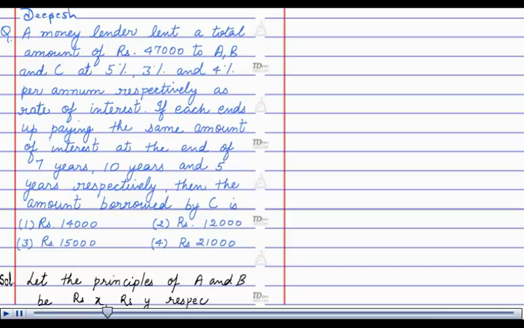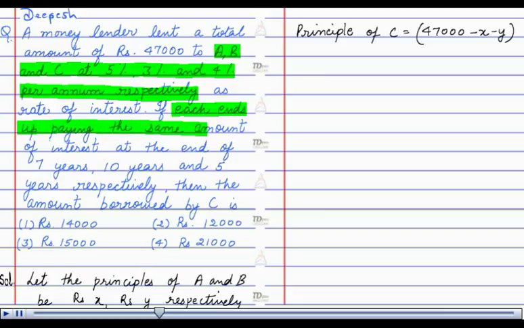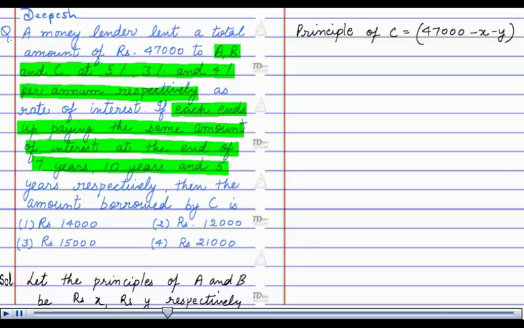Then the principal of C would be 47,000 minus X minus Y. The rates of interest applicable to A, B and C are 5%, 3% and 4% per annum respectively. It is also given that each ends up paying the same amount of interest at the end of 7 years, 10 years and 5 years respectively.